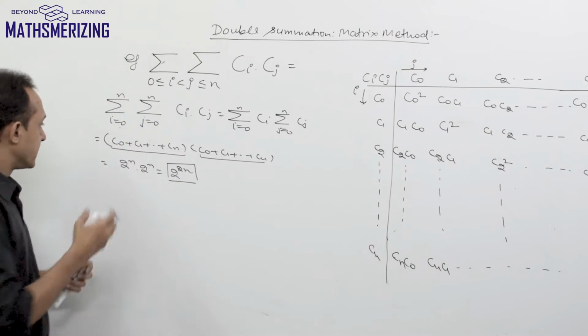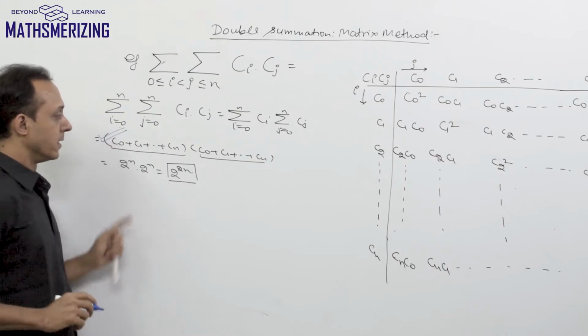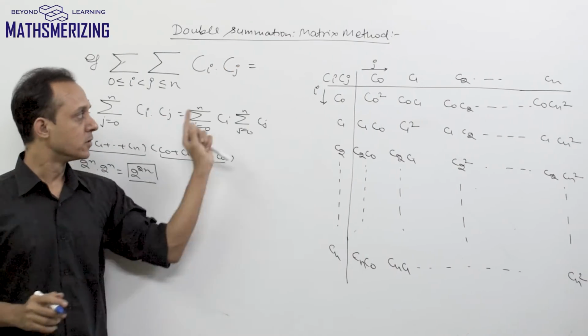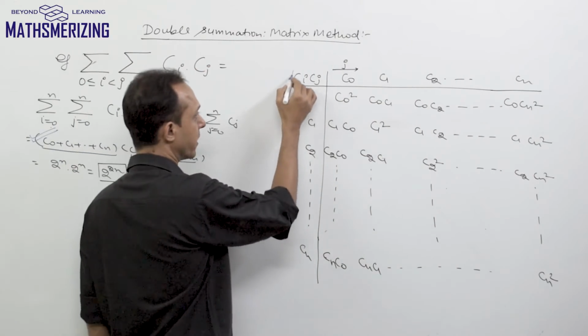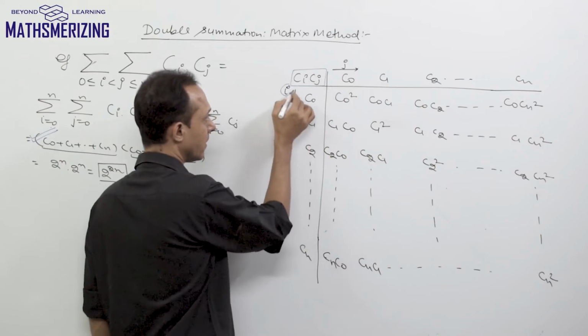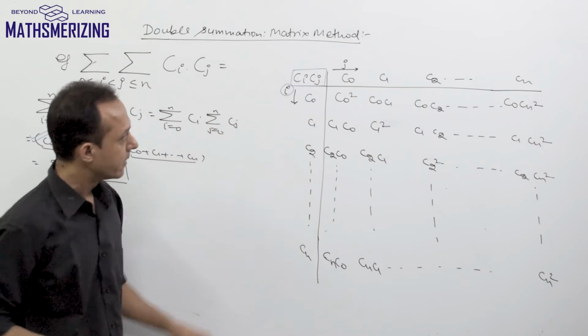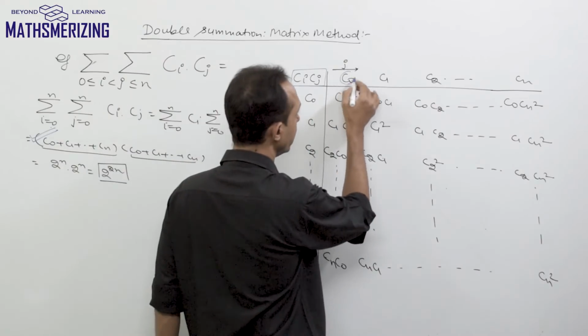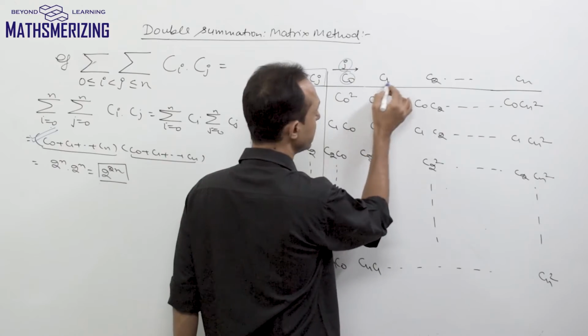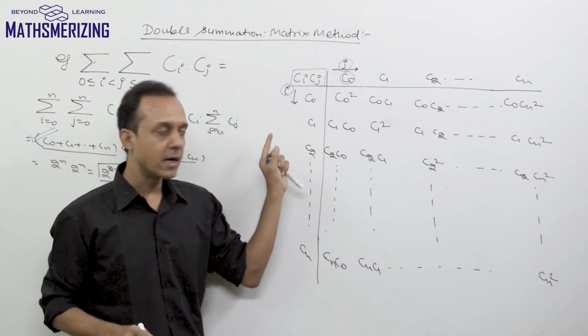Now another way of expressing this product of coefficients is using matrices. So what I'll do is, I'll write this product Ci into Cj. Here in the rows, I'll write coefficients of i, C0, C1, C2 and Cn. And here in the columns, I'll write coefficients for j, C0, C1, C2 and Cn. And I'll start multiplying them.